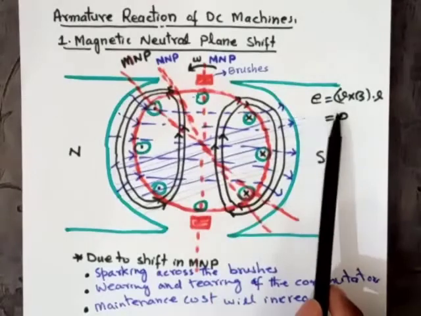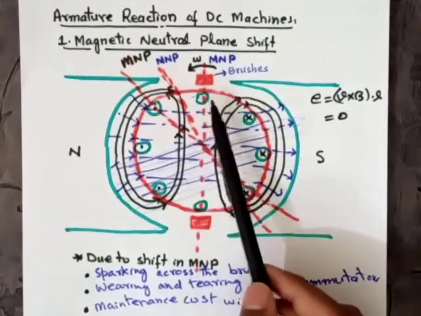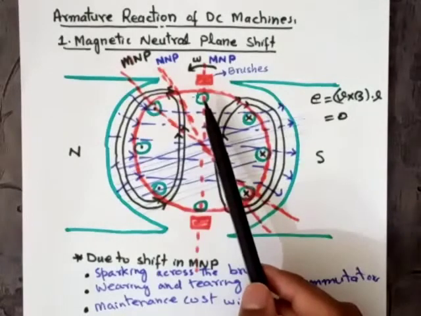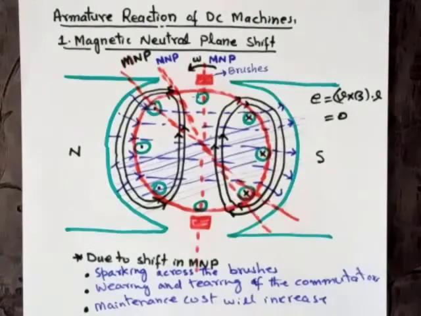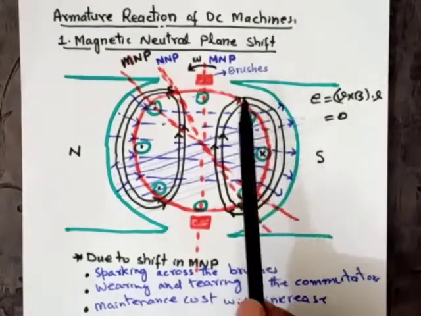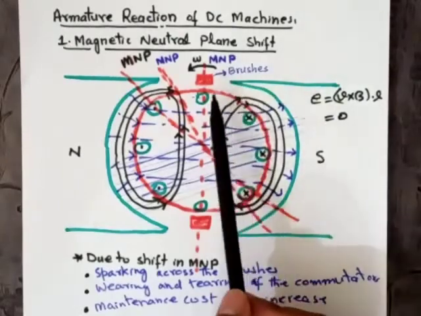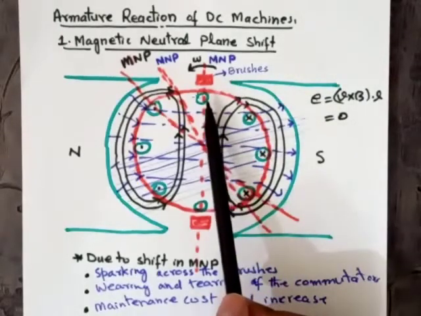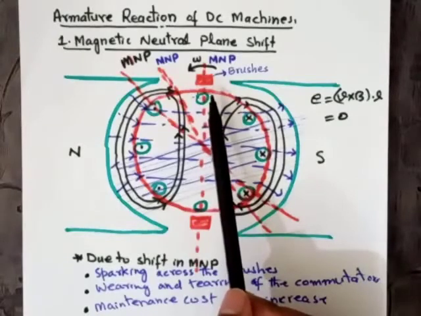The induced voltage will be zero from here, and the voltage will not be zero at that position. Therefore it will cause sparking of the brushes of the commutator. Because the induced voltage at that position is not zero now, sparking occurs across the brushes.